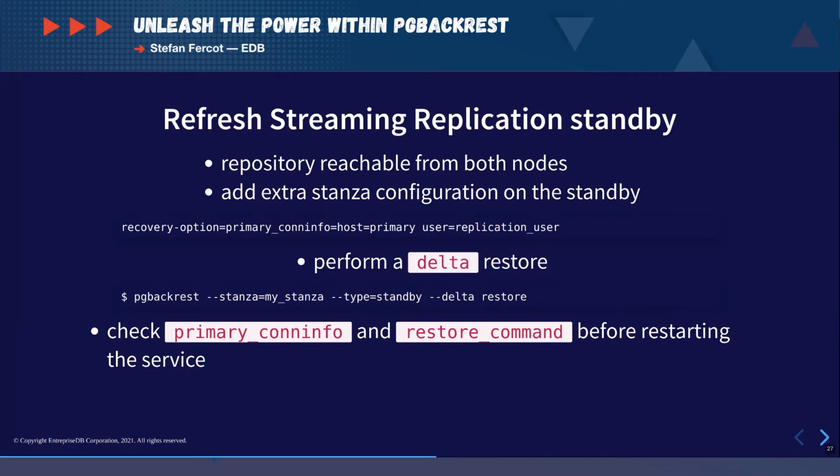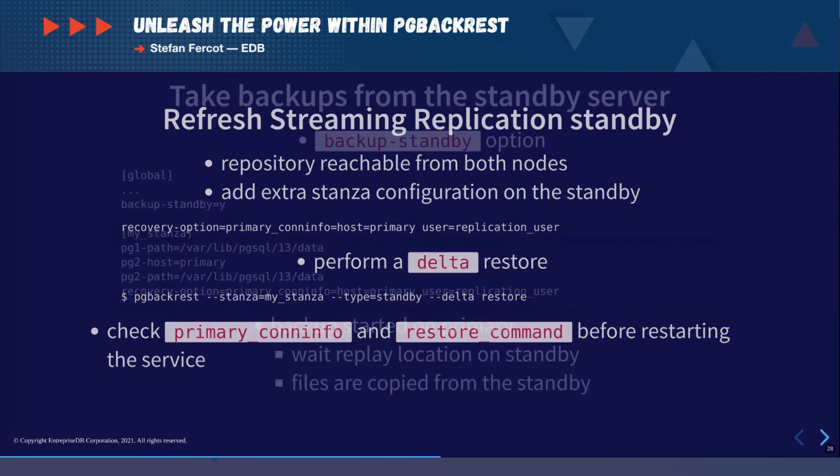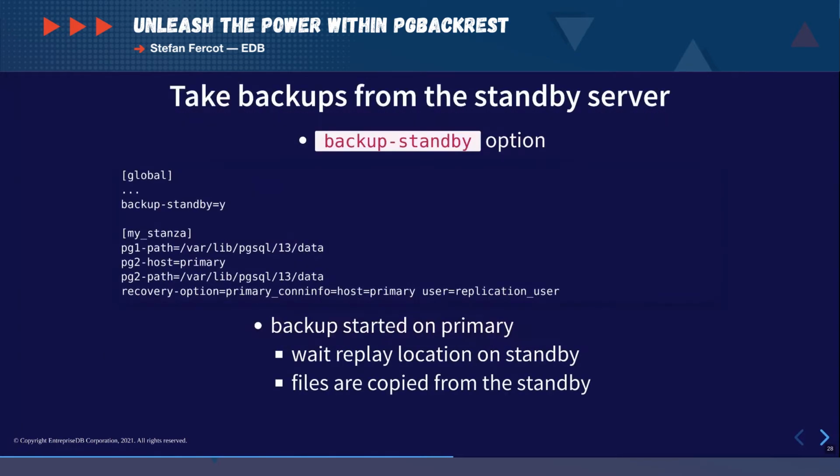But what if we have primary and standby? We might want to take backups from the standby. Well, it's easy. We get a backup-standby option to do so. But then we need in our Stanza section to define our locally running standby, so our pgdata path, but also define where's our primary, being pg2-host here, and what's its path.